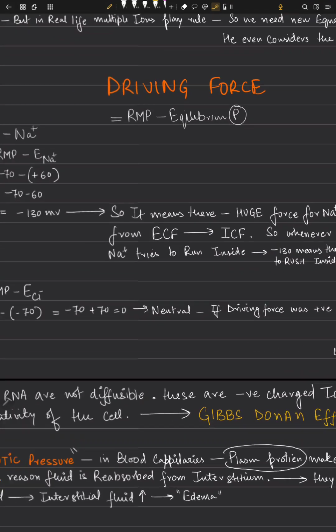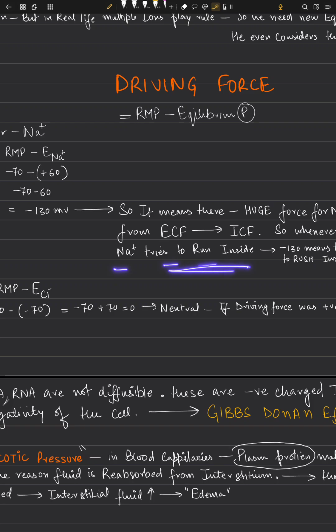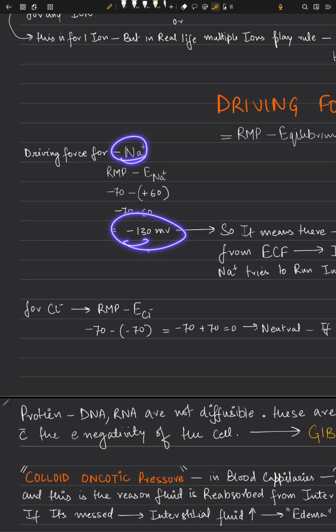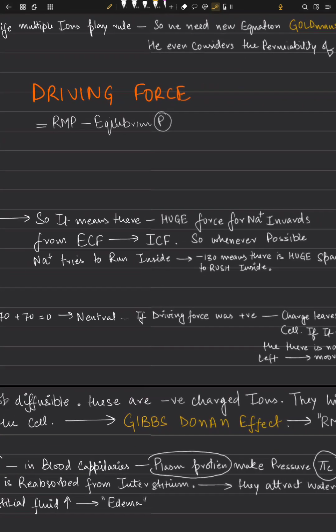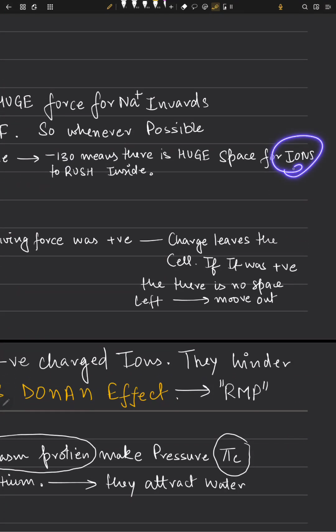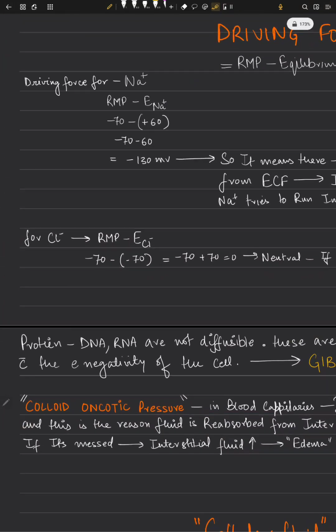Whenever possible, sodium tries to run inside because the driving force of sodium is minus 130 millivolt. Minus 130 means there is a huge space for ions to rush inside, because negative is not really negative charge, it's the absence of charge. That's why it's negative. Cool. What about chlorine? RMP minus equilibrium potential of chlorine. We know chlorine is the same as the resting membrane potential of neurons.